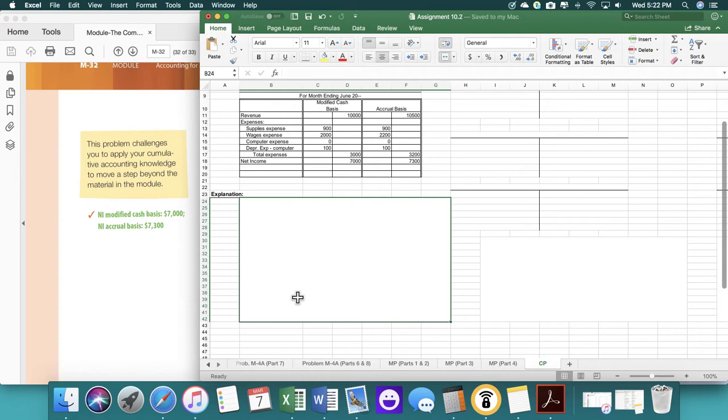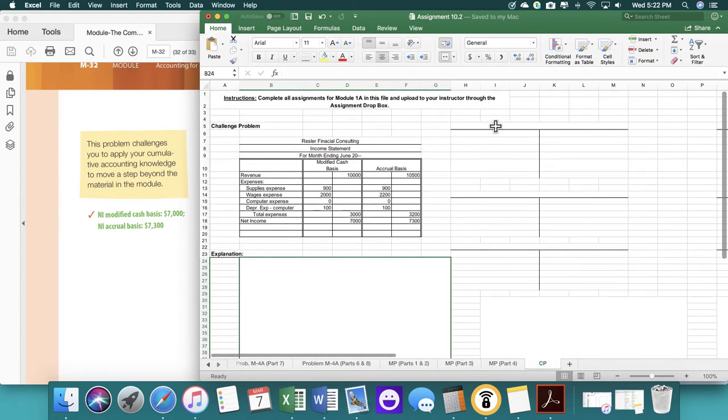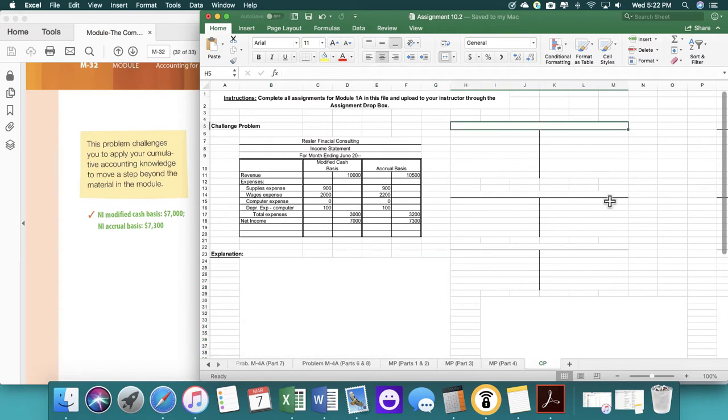But then you also have to do T accounts. For this one, it's going to be supplies. This one is going to be accounts payable. And the last one is going to be supplies expense. You're going to use the T accounts to show us exactly how you got the answers.